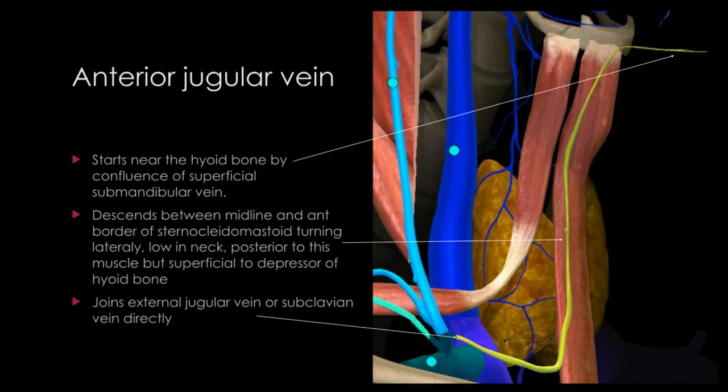It joins the external jugular vein here. This is the external jugular vein. It joins the external jugular vein or can directly drain to the subclavian vein. This is the subclavian vein and this is the internal jugular vein.